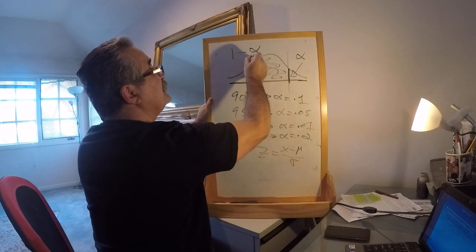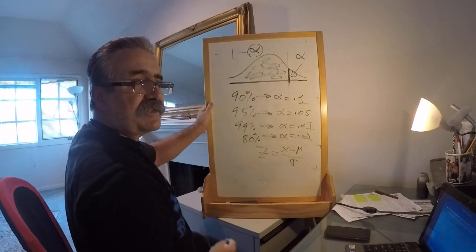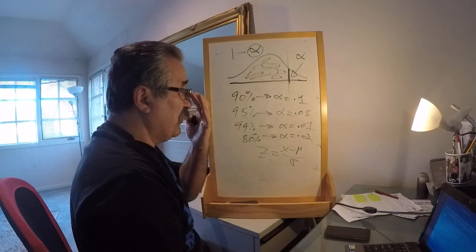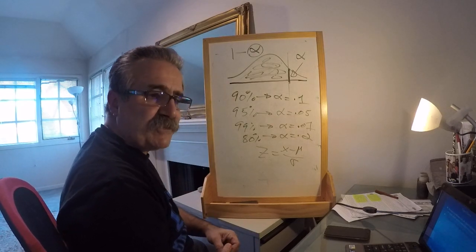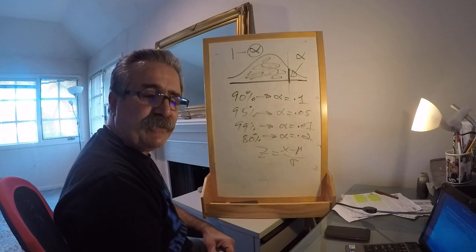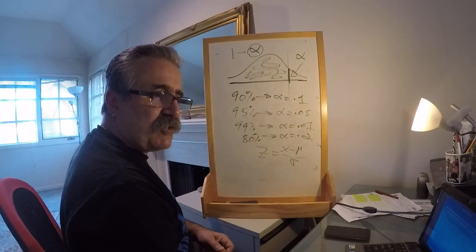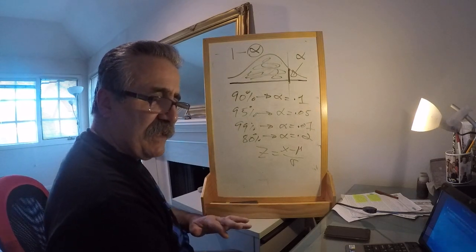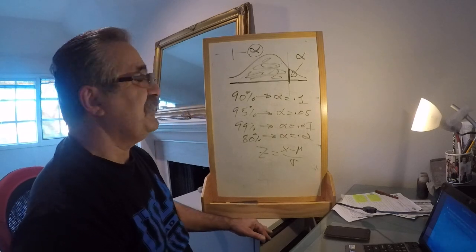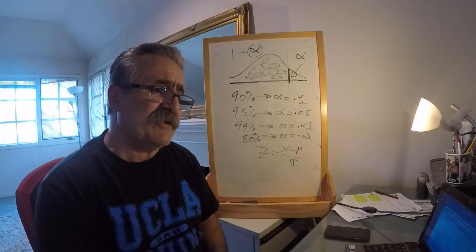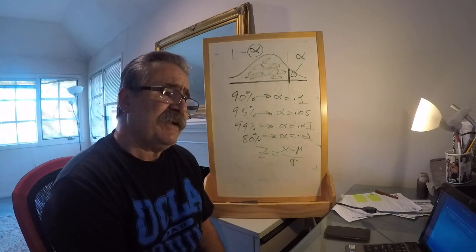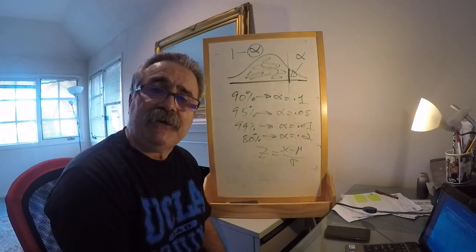And alpha is the area that the support is not provided for our sample to support the population parameter. So that is called p-value approach. I'm going to talk to you guys about that a little more in depth and detail. And then there is another method called critical value approach. But for now, let's go back to type 1 and type 2 error.